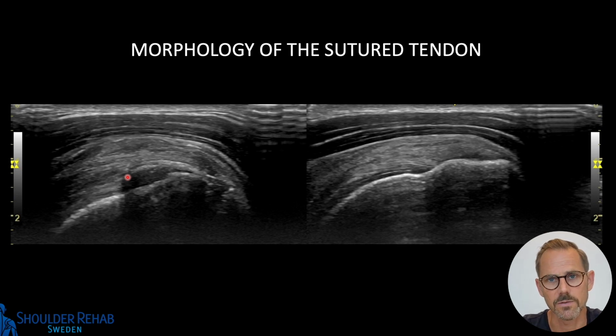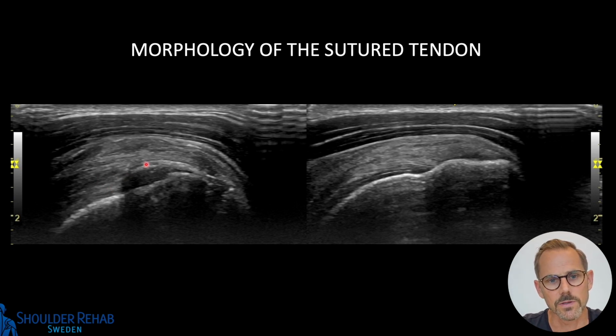If the tendon retears, the thickened bursa will take the place of the tendon and look a lot like tendon. So be aware that you can have tendon-looking tissue in the same area. So you have to look in different positions, different angles, and also compare a lot to the healthy side and see what is real tendon tissue and what is bursal tissue.